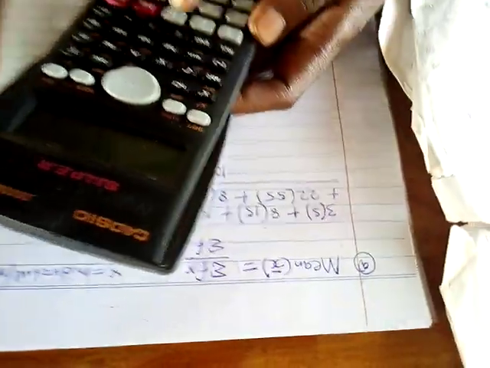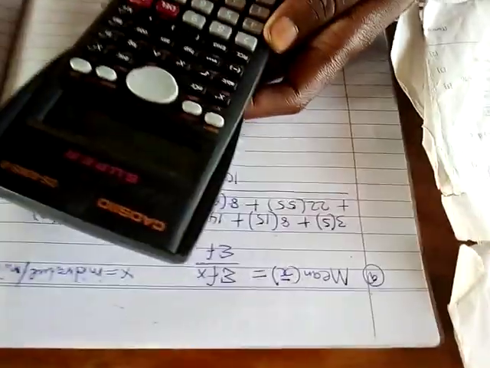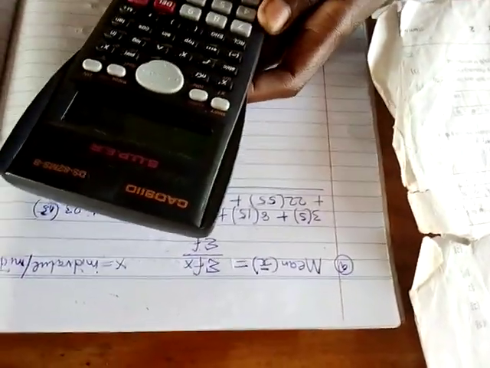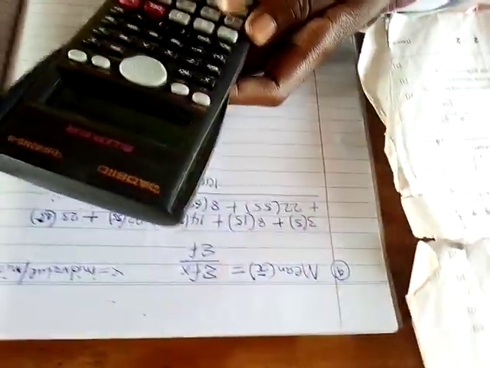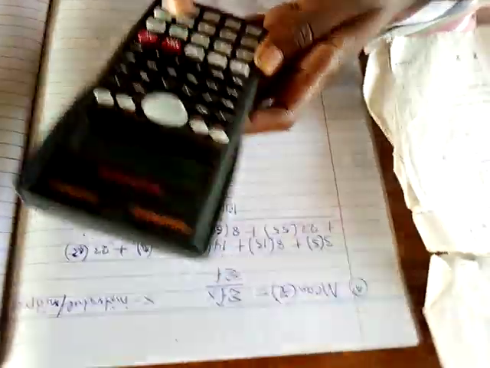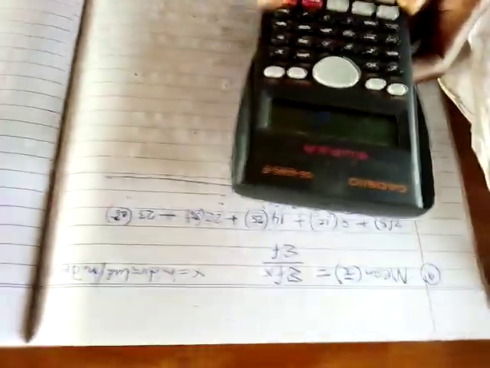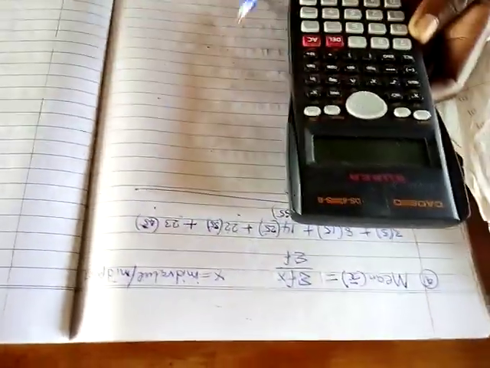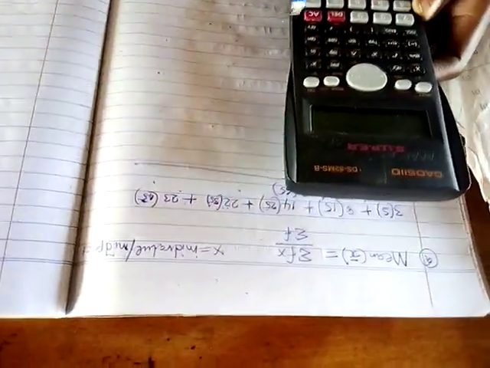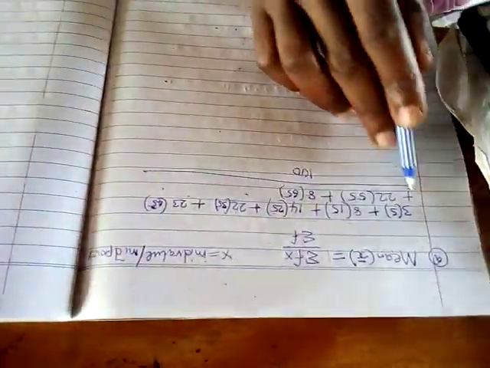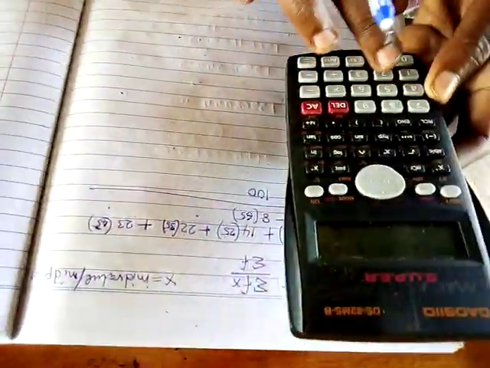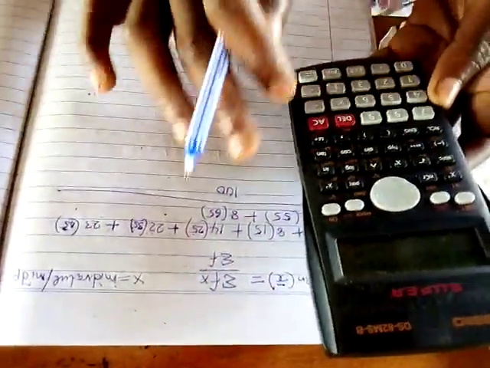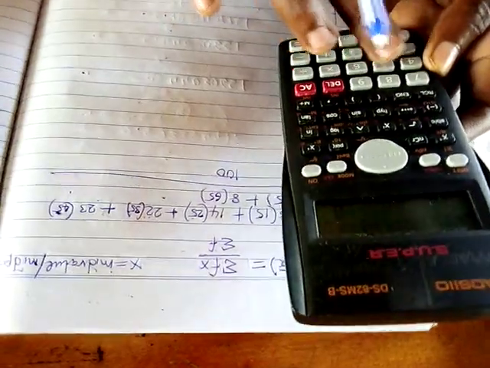You say 3, open brackets, 5, plus 8, 15, close brackets, plus 14, 25, plus 22, 35, plus 23, 45, plus 22, 55, plus 8, 65.